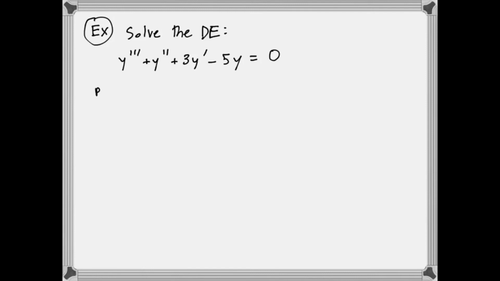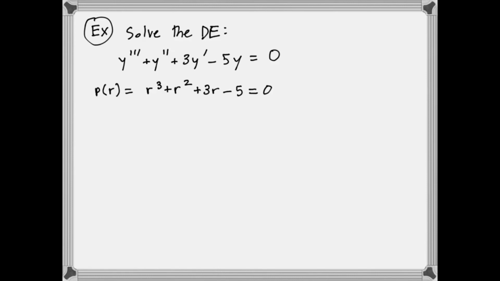So what would be the auxiliary polynomial? It's just going to be r cubed plus r squared plus 3r minus 5 is equal to 0. So we need to solve this. In other words, find all the zeros of this.